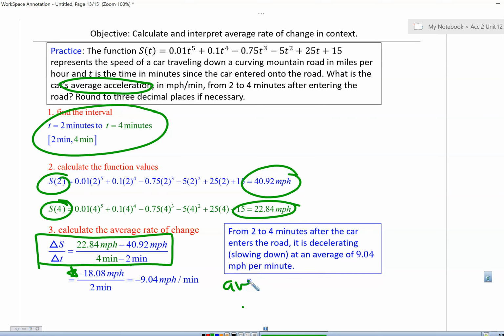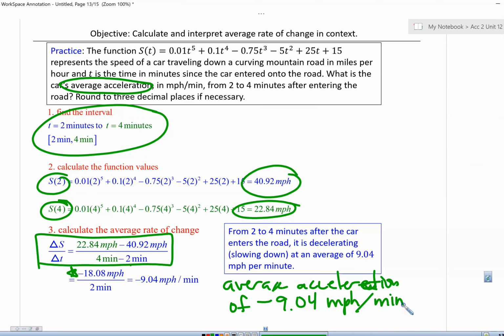So an average acceleration of, well, it's actually not rounded, so let's take out that word about. An average of negative 9.04 miles per hour per minute. So if you want, that's fine. If you can at least explain that that is your average acceleration.